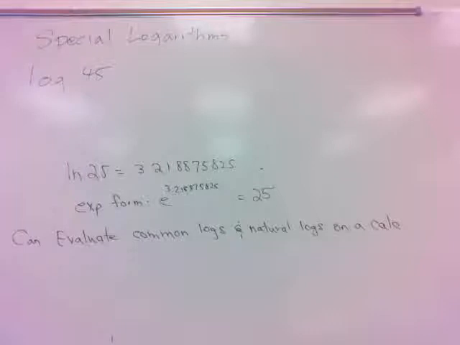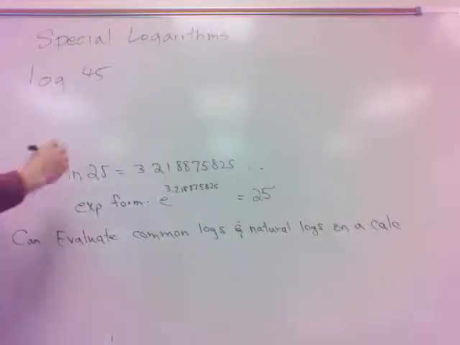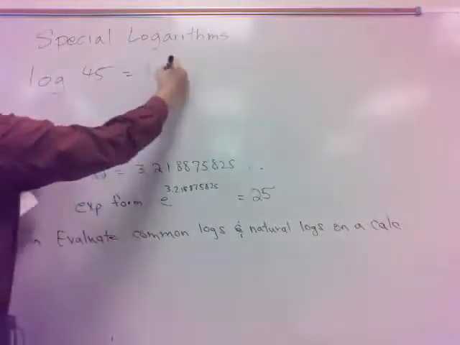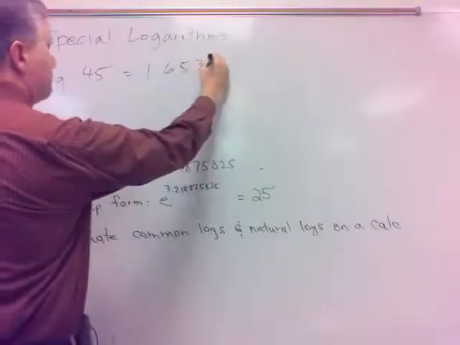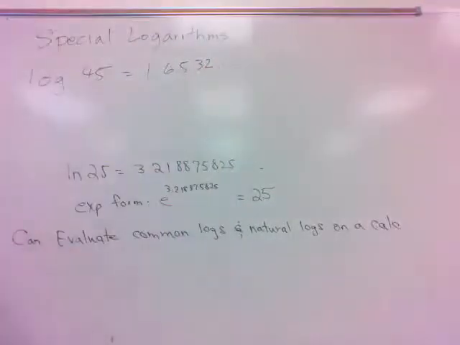So I've skipped, so to speak, nice powers. There's not a nice power of 10 that gives me 45, but the calculator will do that for me if I can figure out how to work it. The LOG button should be on your calculator. It's 1.532... how many ever you would like.